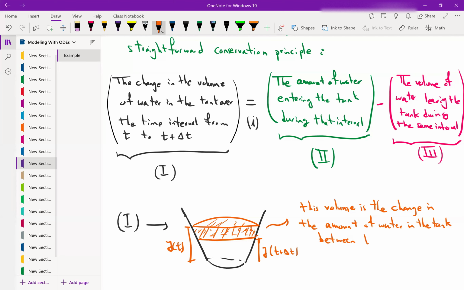And again, remember, ultimately we will take the limit as delta t goes to 0 in order to come up with a differential equation. So keep in mind that this delta t is going to be a very, very small number. I'm going to use the techniques that I talked about in our introductory videos to approximate this volume, knowing that ultimately delta t goes to 0.